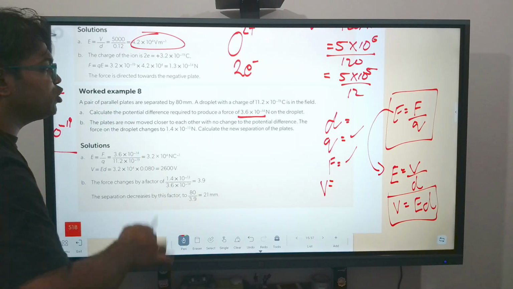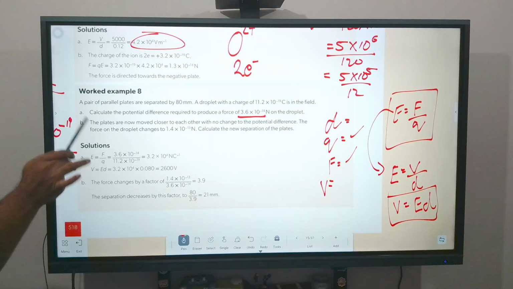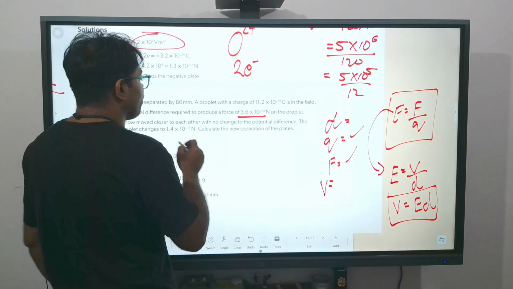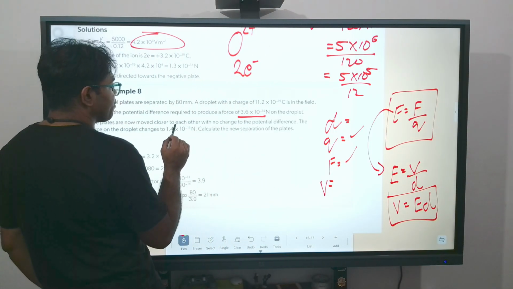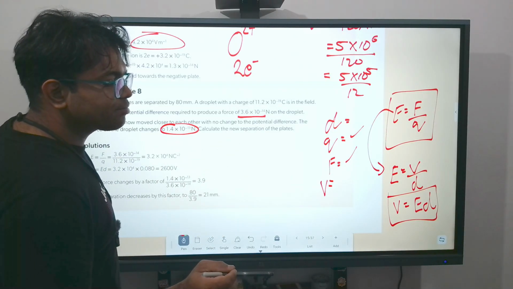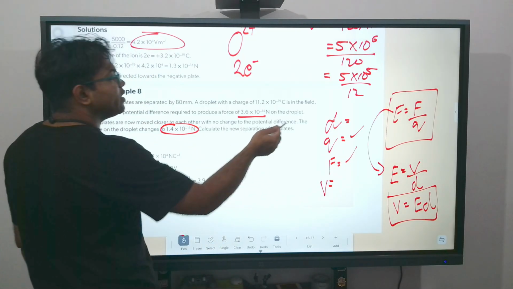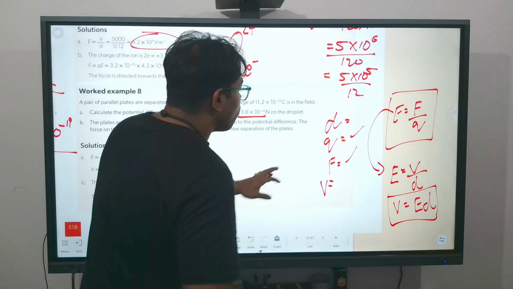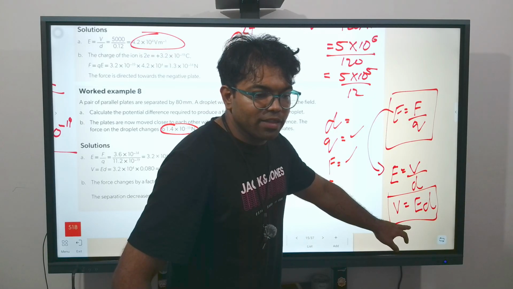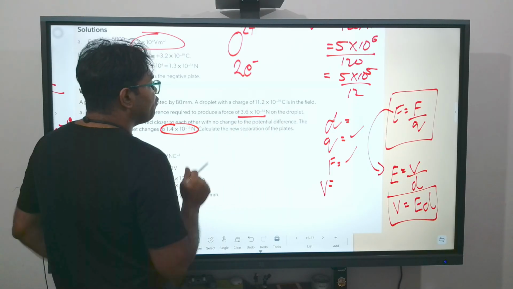The potential did not change, but the force definitely changed. From the force, we can find the field. Whatever potential we got in the first case is going to remain the same.